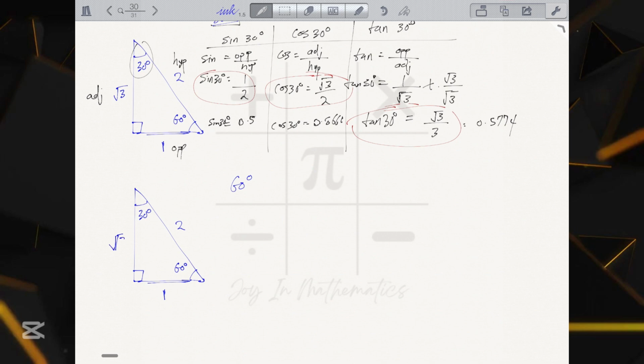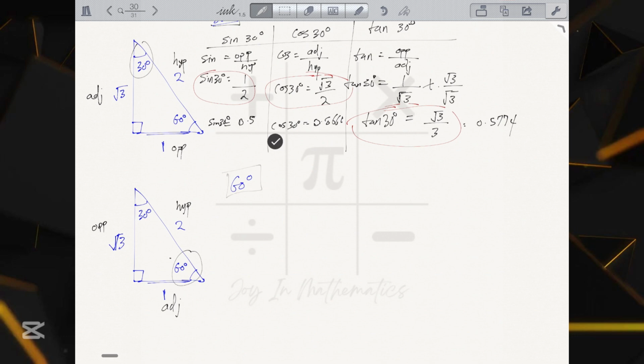We will change to root 3. We want to deal now with 60 degrees. We'll have root 3 to be the opposite, and 1 to be the adjacent, and 2 to be the hypotenuse.